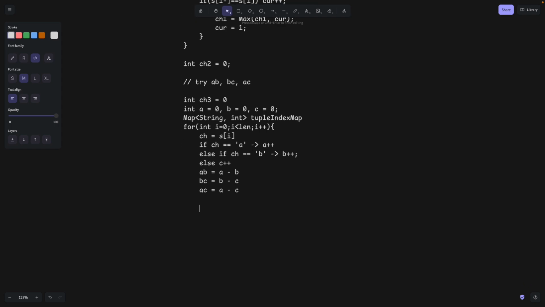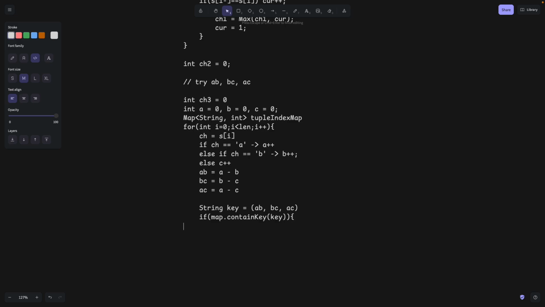And we'll create a sort of key for lookup where we concatenate AB and BC and AC, and we look up into the map to check if the map contains this particular key.